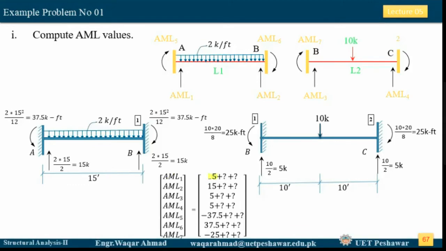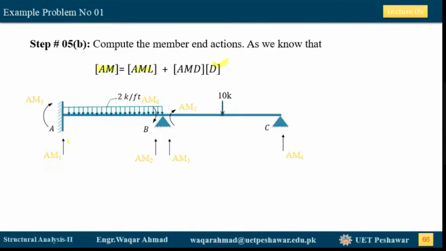So this 15 kip is coming from this reaction, this 15 kip. This 15 kip is coming from this here, this 5 kip. And all these are positive. Why positive? Because they are exactly in the same direction as our assumed direction of AM1, AM2 up to AM7.